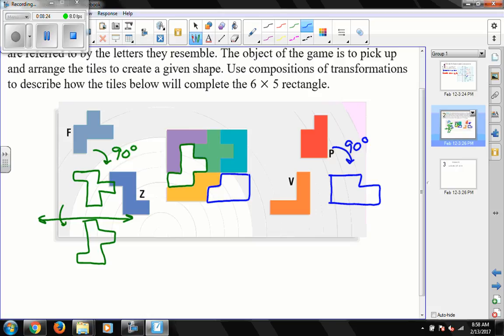After our rotation, we are going to reflect over a line. We will then get a shape that looks like this. Now that we have both of these pieces in the correct position, the last step is to use translations to slide them to where they need to go.